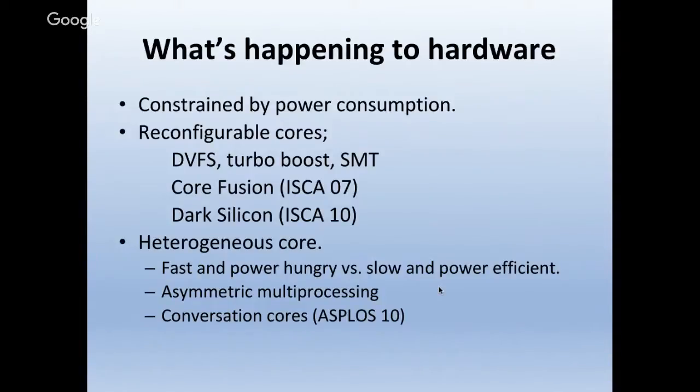This is what we already do today, like DVFS, which means dynamic voltage and frequency scaling, and turbo boost, and also SMT. There's also some research techniques like core fusion, which allow us to fuse multiple physical cores into a simpler, more powerful core, or split them up again.